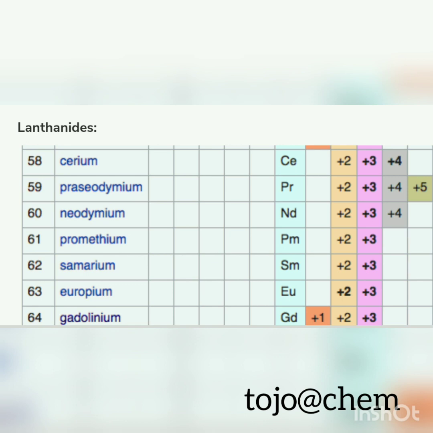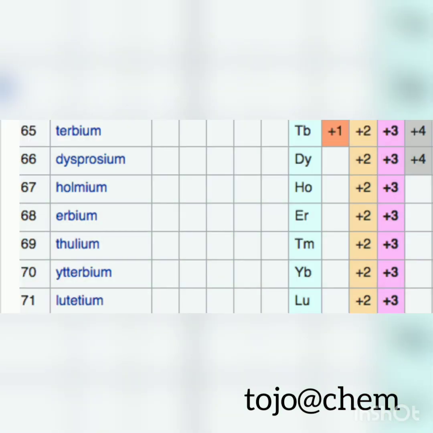When we consider the next lanthanides, that means lanthanides from atomic number 65 to 71, in this case also the common oxidation states, meaning those exhibited by all elements, are +2 and +3.